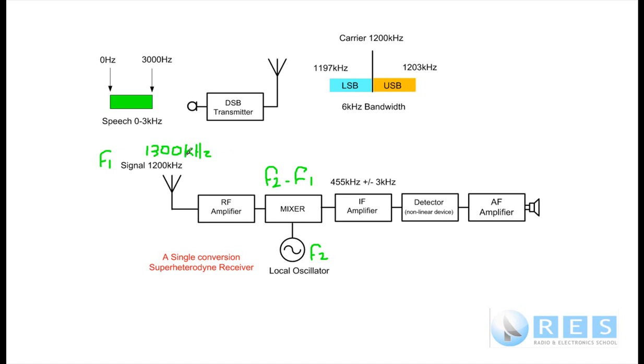So if we're on 1300 kilohertz and we want F2 minus F1 to be 455 kilohertz, then the local oscillator would have to be on 1755 kilohertz.